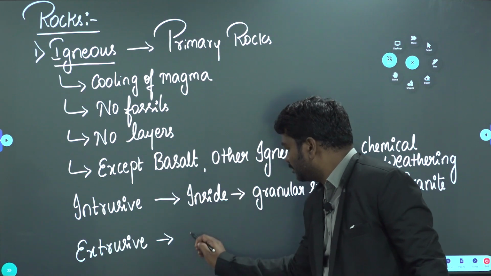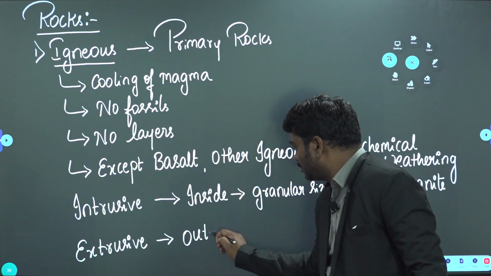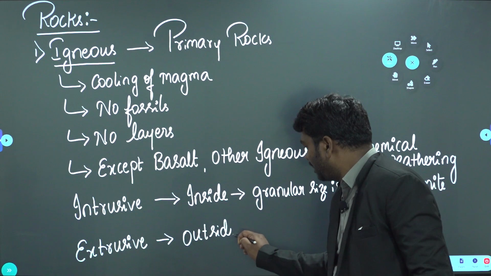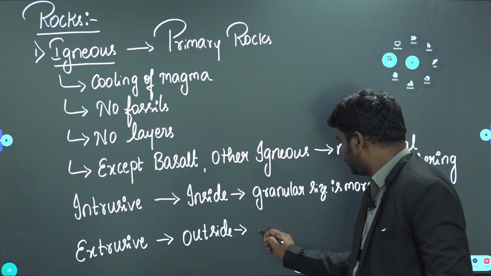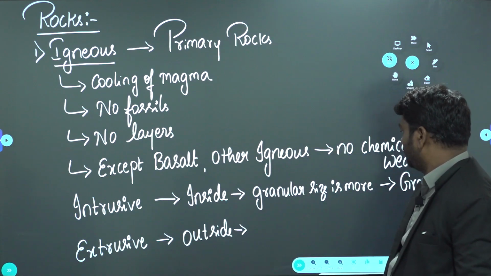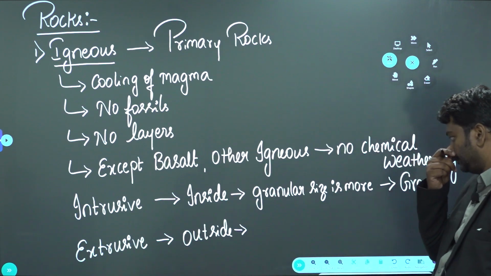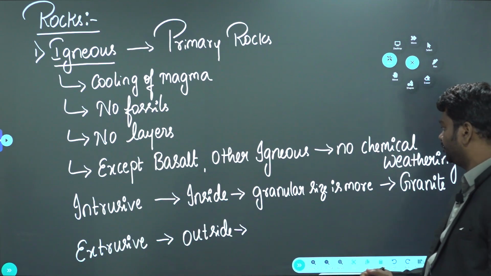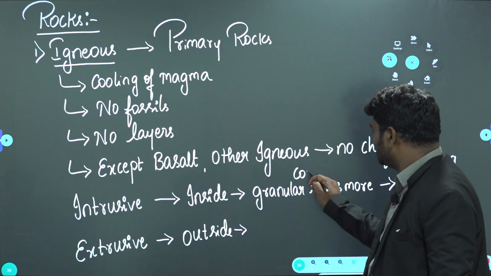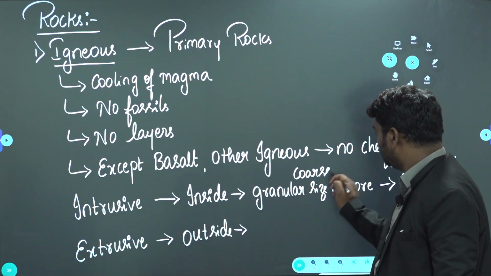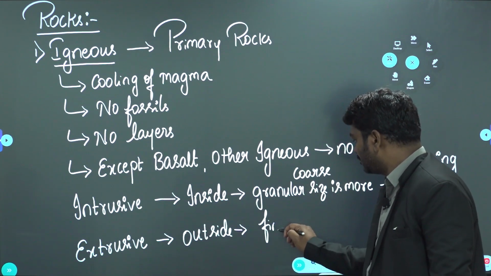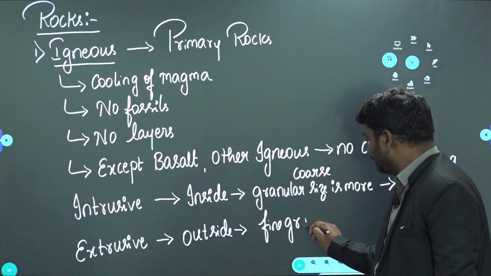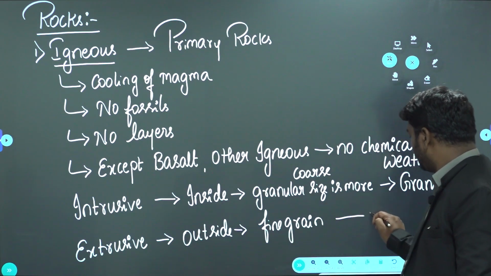Extrusive is formed outside. This is coarse grain. This will be fine grain.